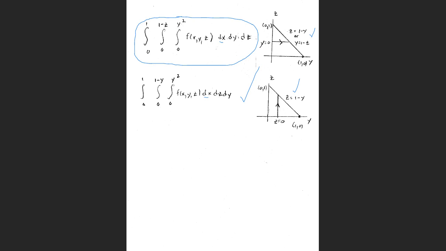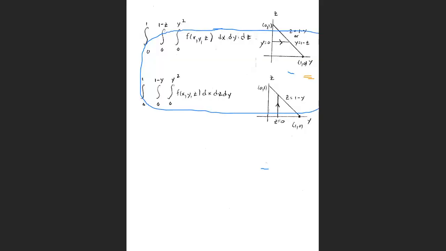When you do dy dz, dy means that you're going from y equals 0 to y equals 1 minus z. Now, z was equal to 1 minus y in the problem. The plane was z equals 1 minus y, but that means then y is equal to 1 minus z.